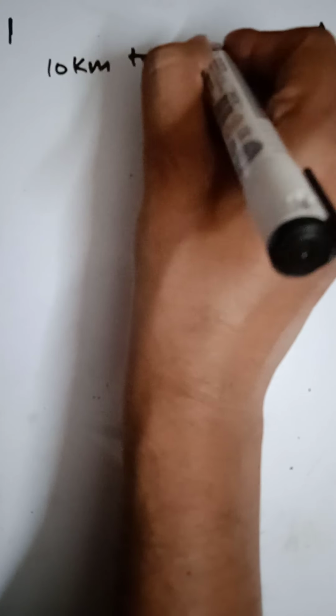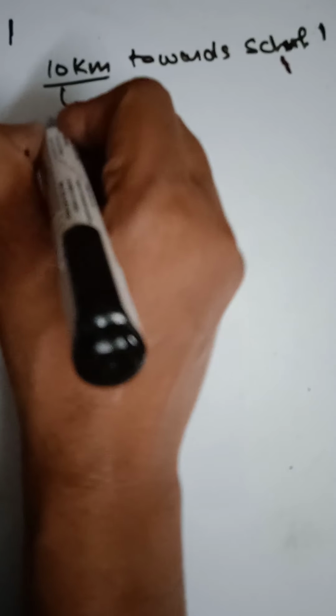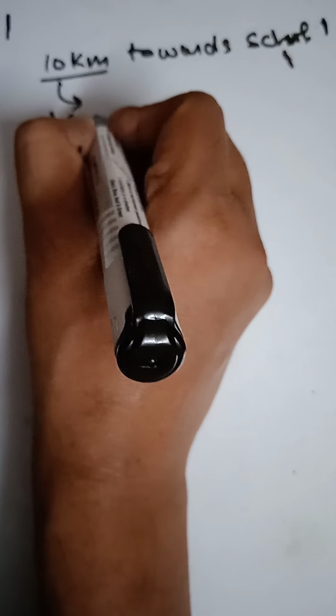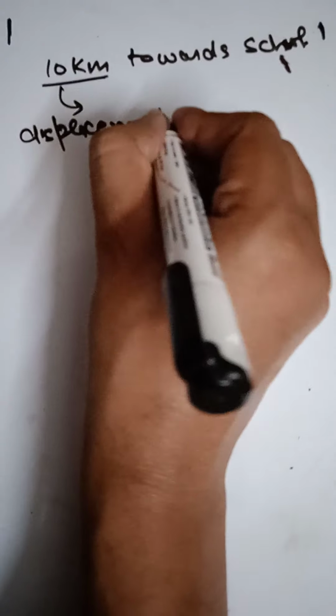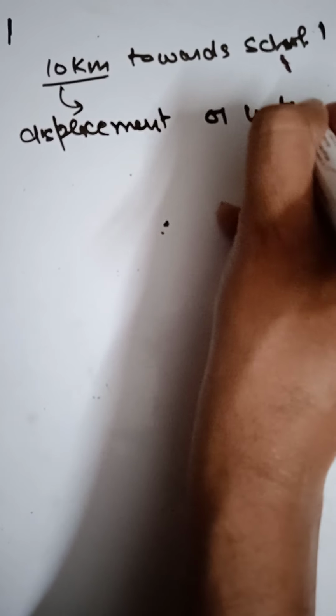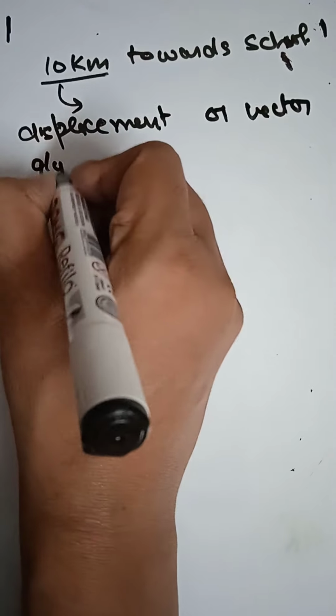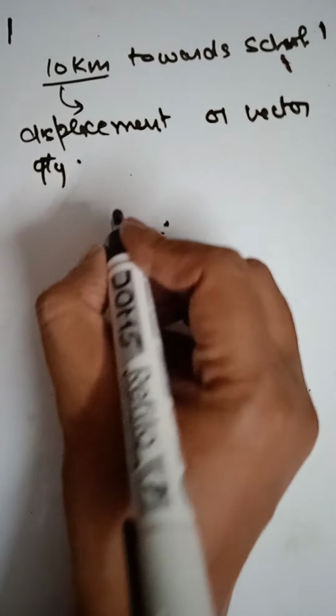But if I ask you to run 10 kilometers towards school, then this 10 kilometers becomes displacement or a vector quantity, because in this, along with magnitude, the direction is also associated, right?